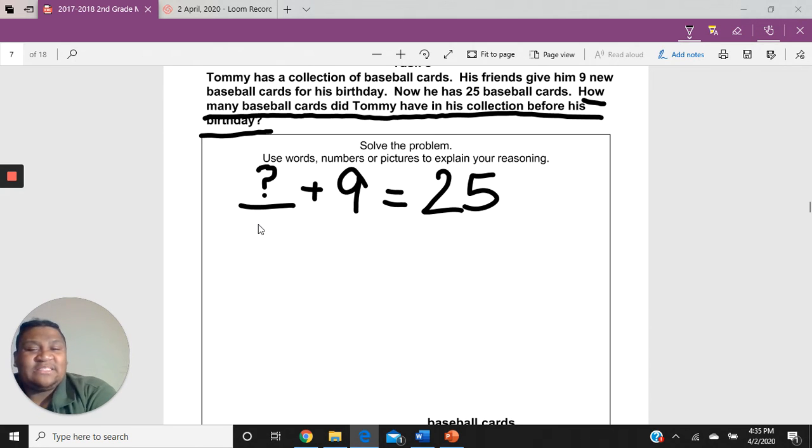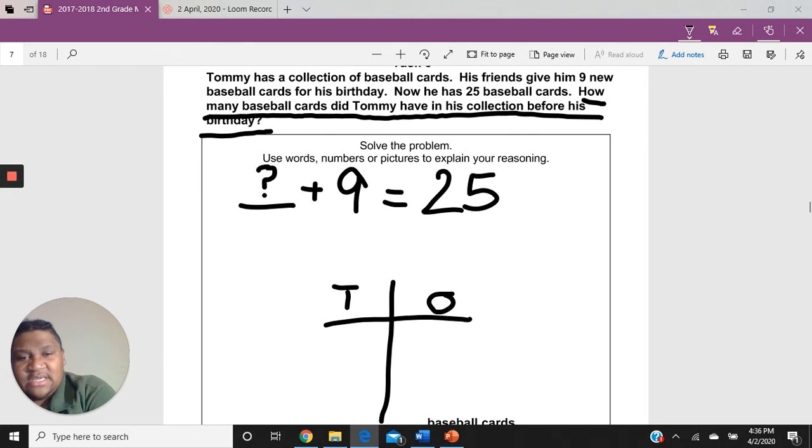So in my place value chart, I'm going to write my tens and my ones, and my new equation that I think will help me solve it would be 25 subtract what? 25 subtract 9.